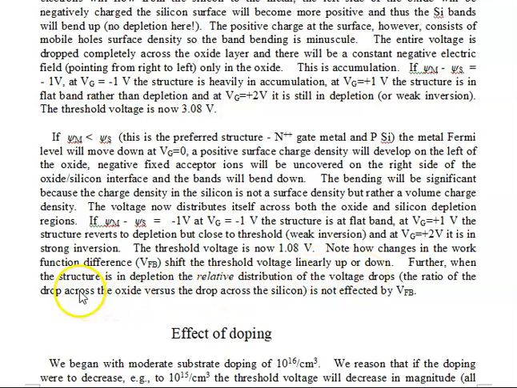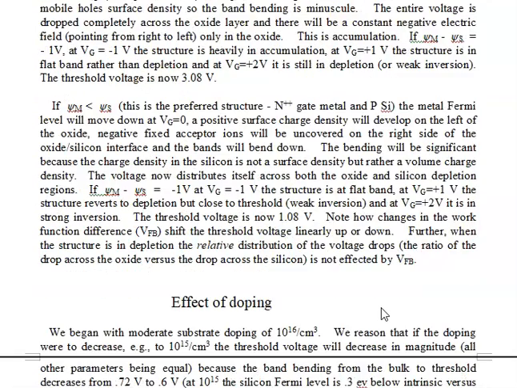And when the structure is in depletion, the relative distribution of the voltage drops across the oxide and the silicon is not, I probably should put that in bold, is not affected by the flat band voltage. It is only affected by the gate oxide thickness and the doping of the silicon.